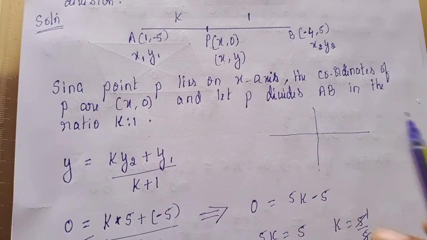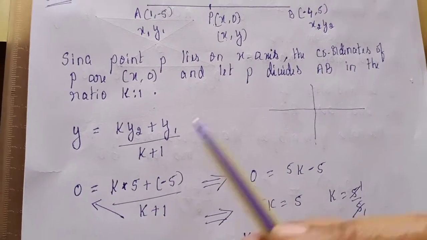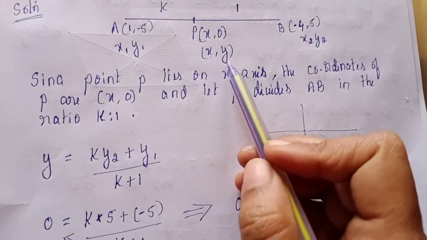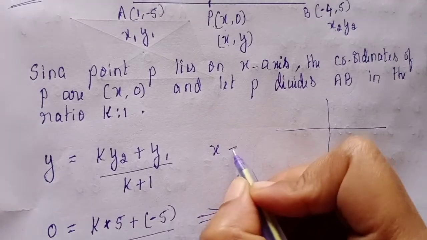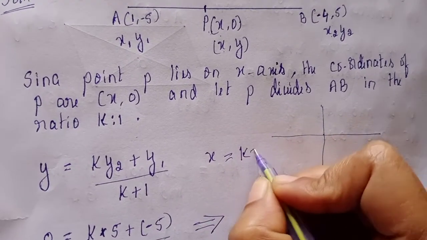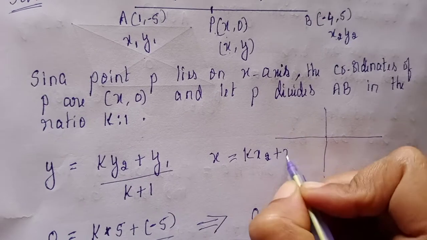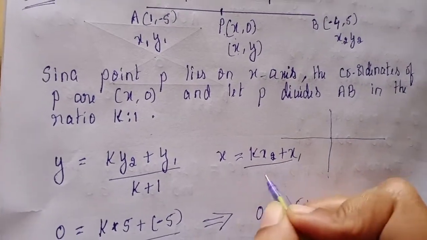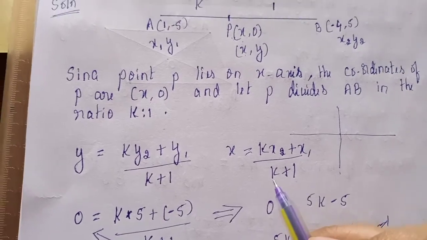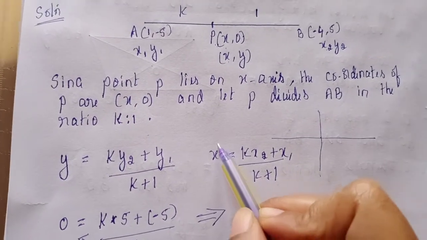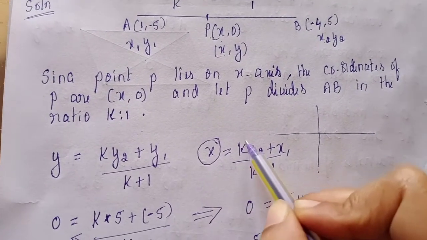These are all assumptions. Now be careful, if I take the x value here, suppose x equals (k x2 + x1) divided by (k + 1), to find the ratio, what happens? Here you don't know the x value and also you don't know k.